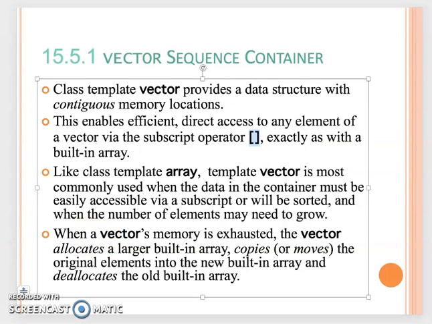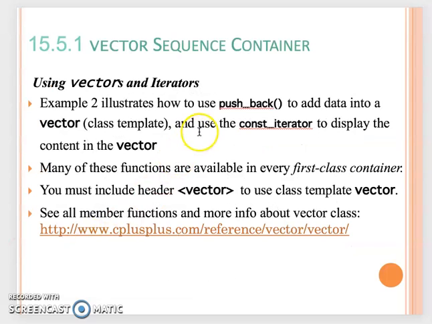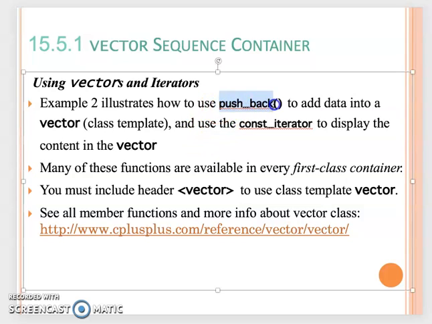However, a vector can not only use the index to assign a value, we also have a member function called push_back. When you use push_back on the vector, you add the data into the next available element of the vector.